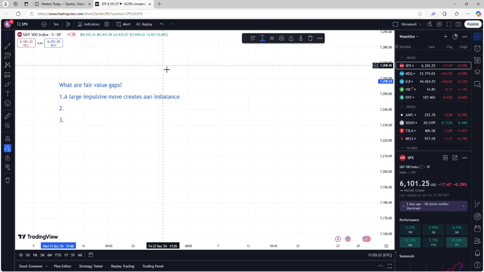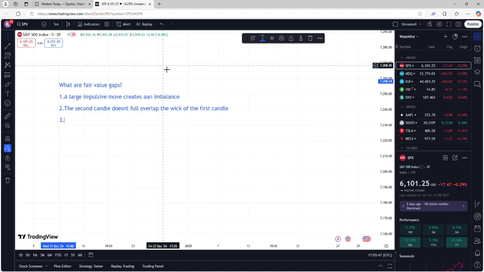And number 2, the second candle doesn't fully overlap the wick of the first candle.